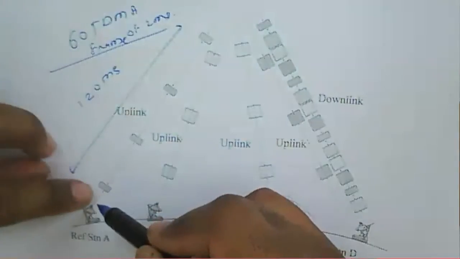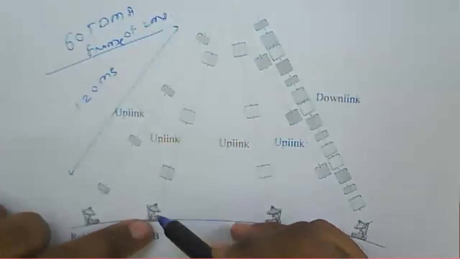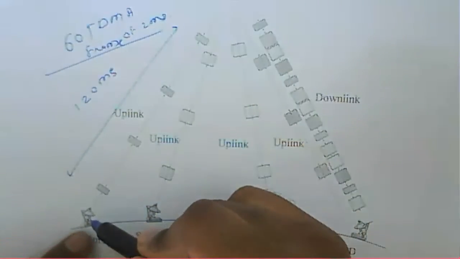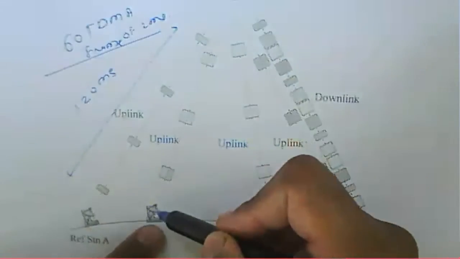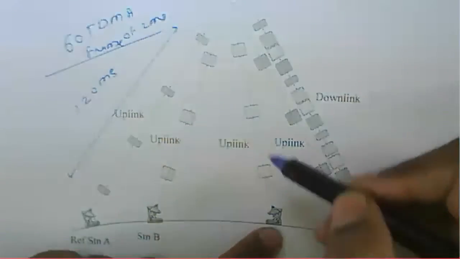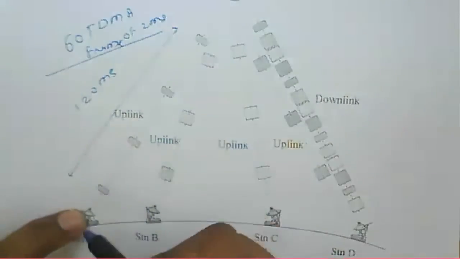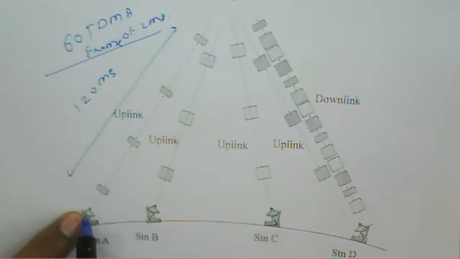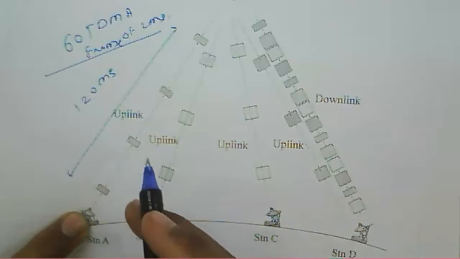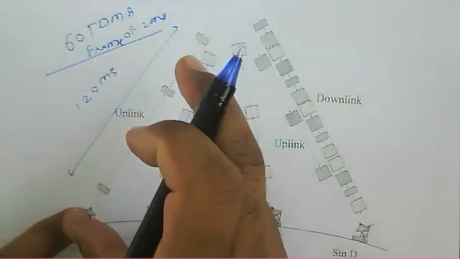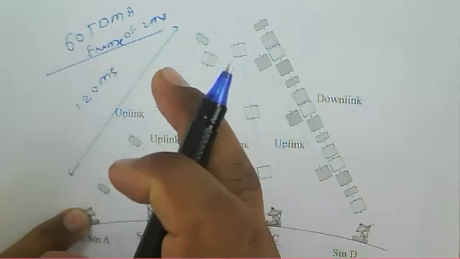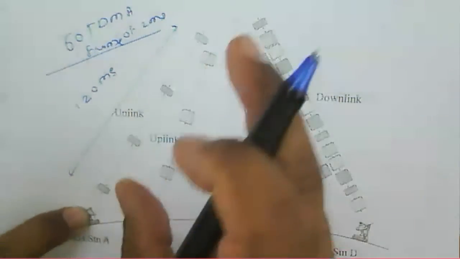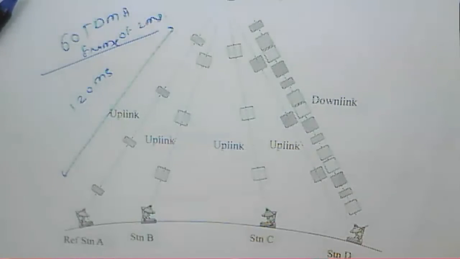Range means the distance from this station to the satellite, and from this station to the satellite. So all these Earth stations have different ranges to the satellite, and if the range is different, the uplink delay will be different.